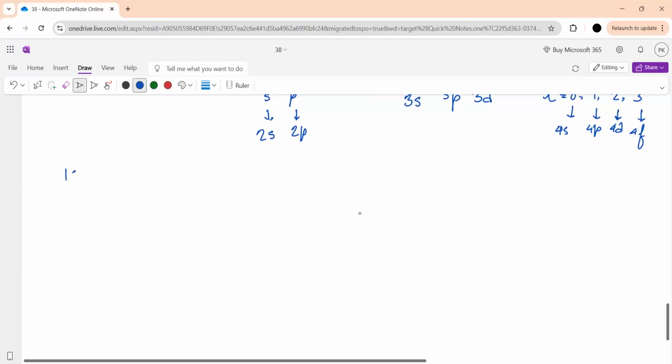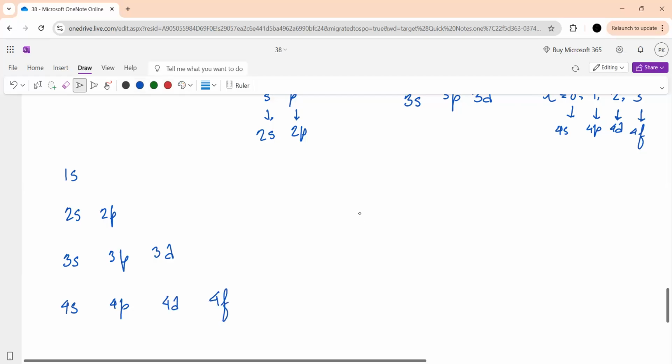Now, how does the energy level go on? So we need to write it this way. 1s, 2s, 2p, 3s, 3p, 3d, 4s, 4p, 4d, 4f.